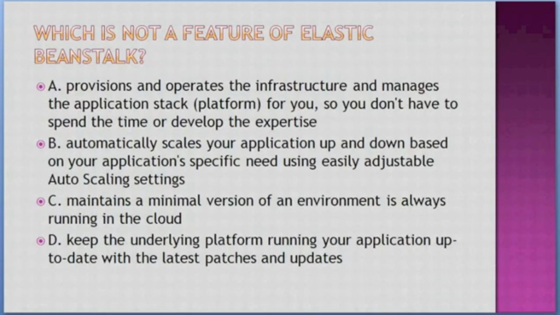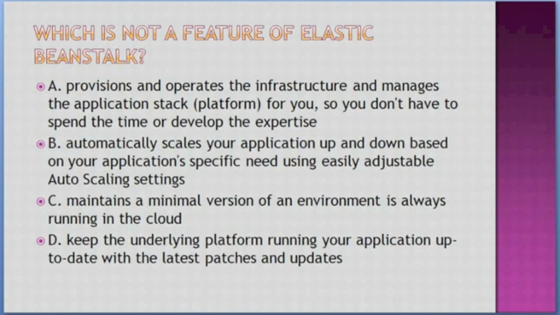Which is not a feature of Elastic Beanstalk? A. Provisions and operates the infrastructure and manages the application stack platform for you, so you don't have to spend time or develop the expertise. B. Automatically scales your application up and down based on your application's specific need using easily adjustable auto scaling settings.